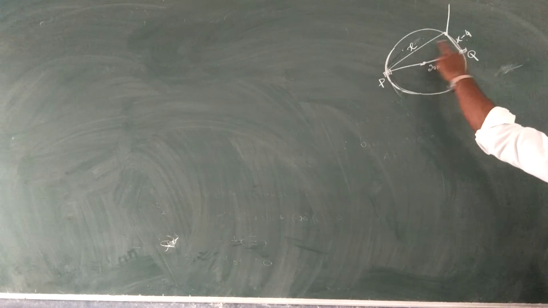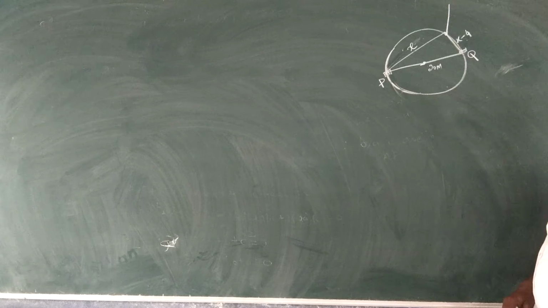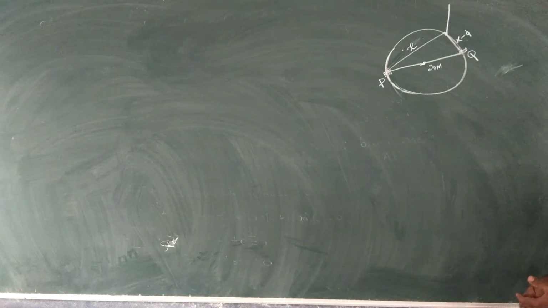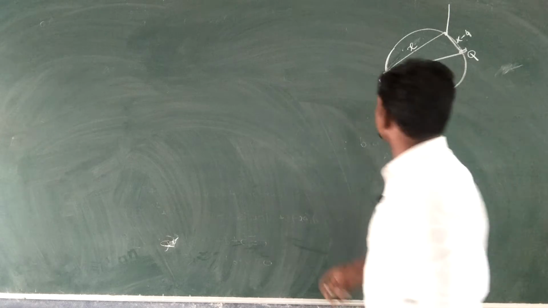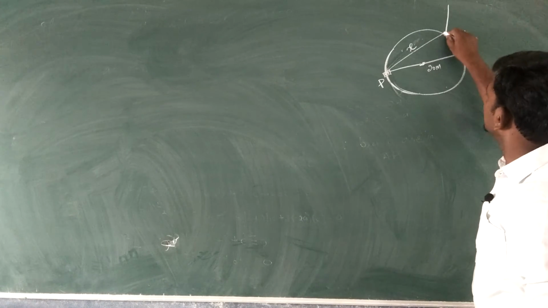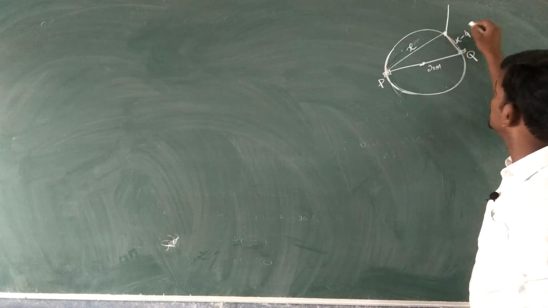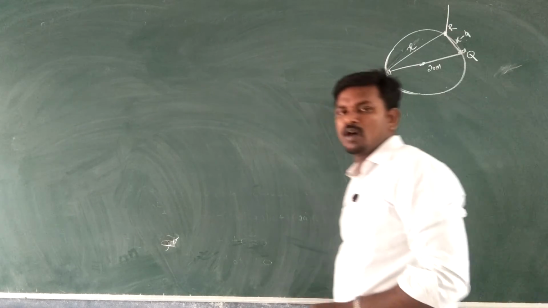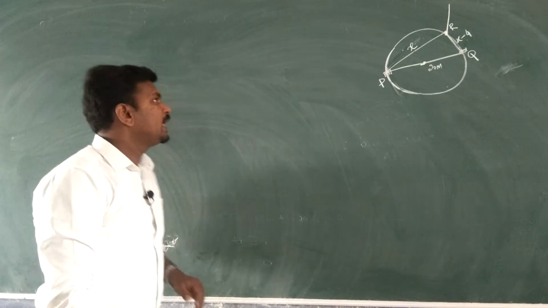So x minus 4 is correct, x plus 4 is also correct. So the pole has to be erected, we can take this point as R. Let R be the point where the pole has to be erected.